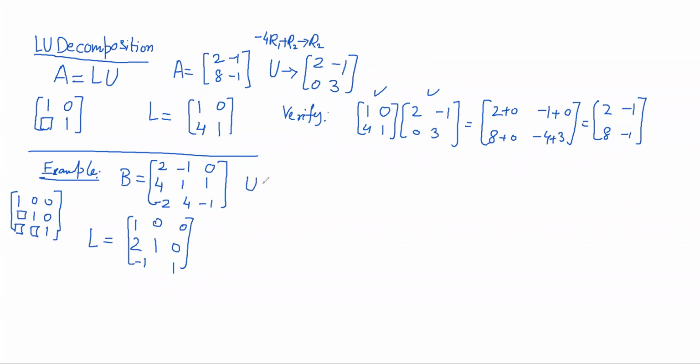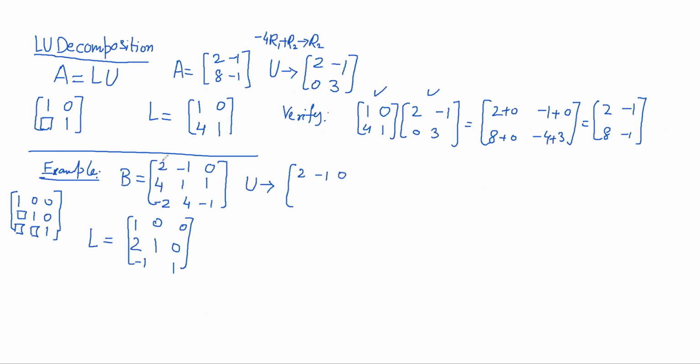So now we move to the upper triangular matrix U. For this, we need to perform the row operations to make these two numbers, 4 and minus 2, as 0. The first row will remain the same, 2 minus 1 0.